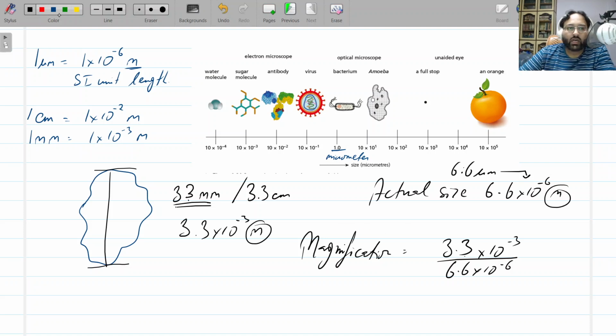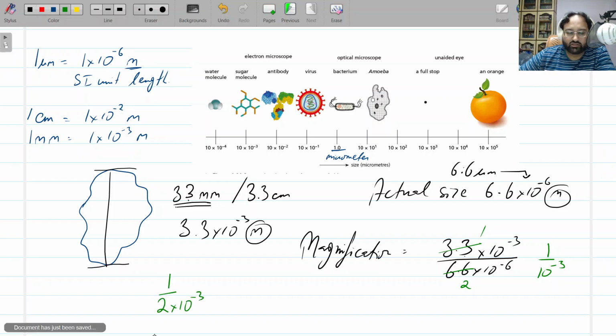So what you have is 3.3 over 6.6, which is 1 over 2, and then you do the standard form and end up with 1 over 2 into 10 to the power minus 3.